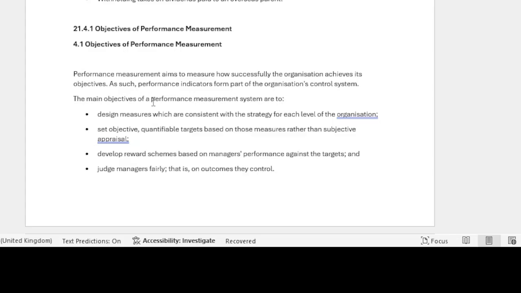We also look at the judgments that we have put in place, if they are fair, especially the outcomes and the controls involved in the project. It also looks at the design measures, if they are consistent within a strategy for each level of the organization.